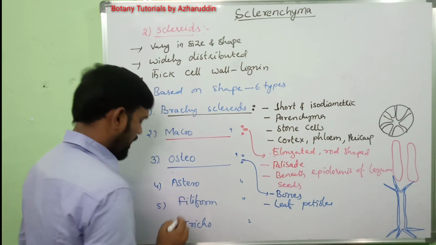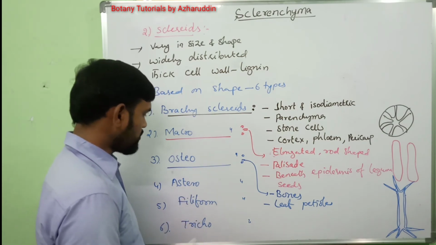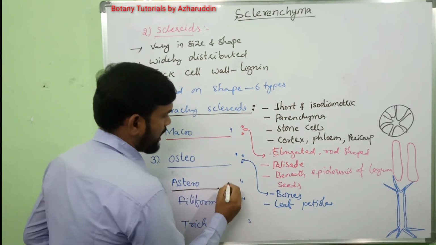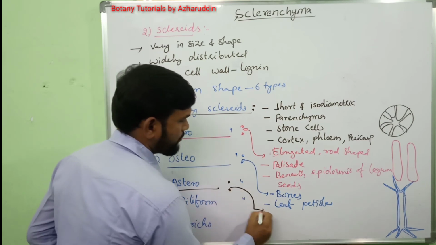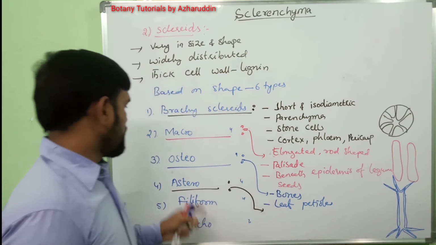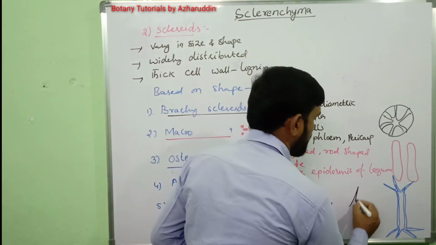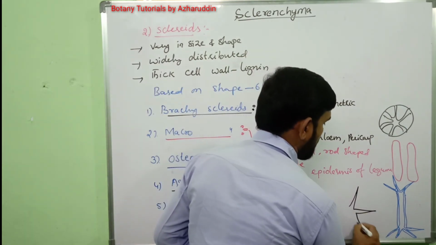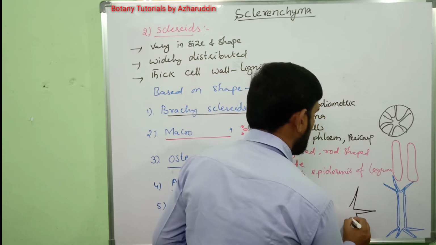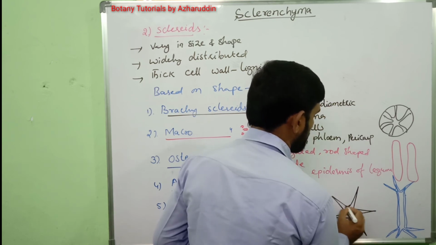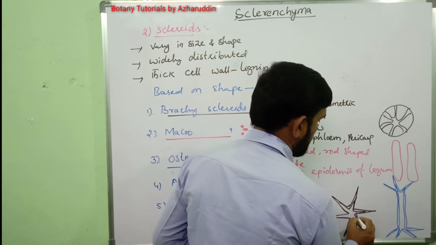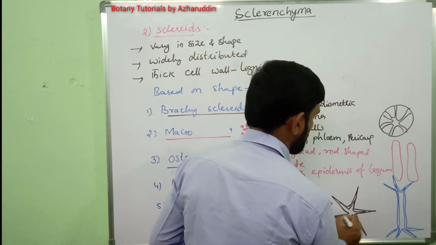Next, coming to the fourth one, asterosclereids. Asterosclereids are highly branched, and they appear like a star.